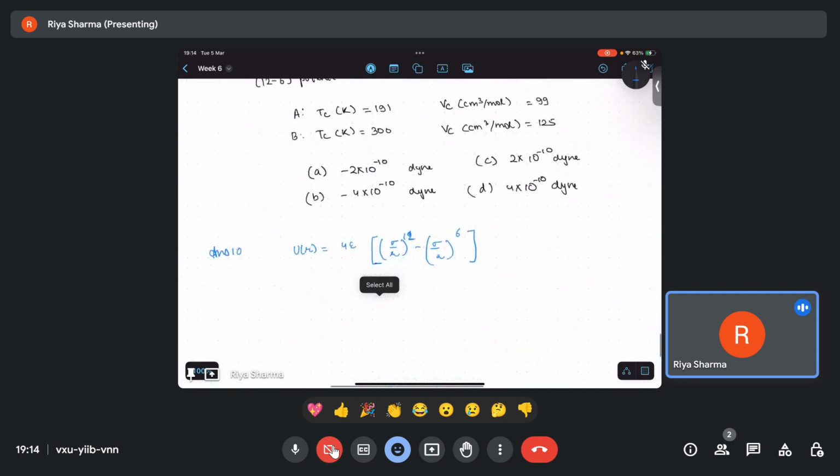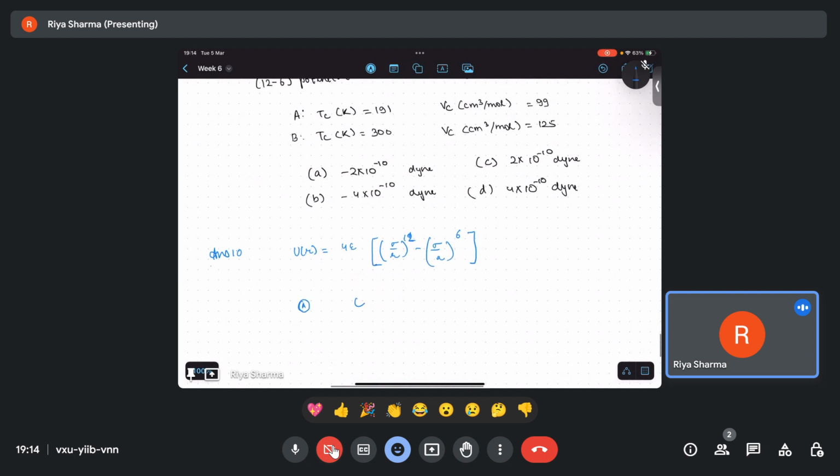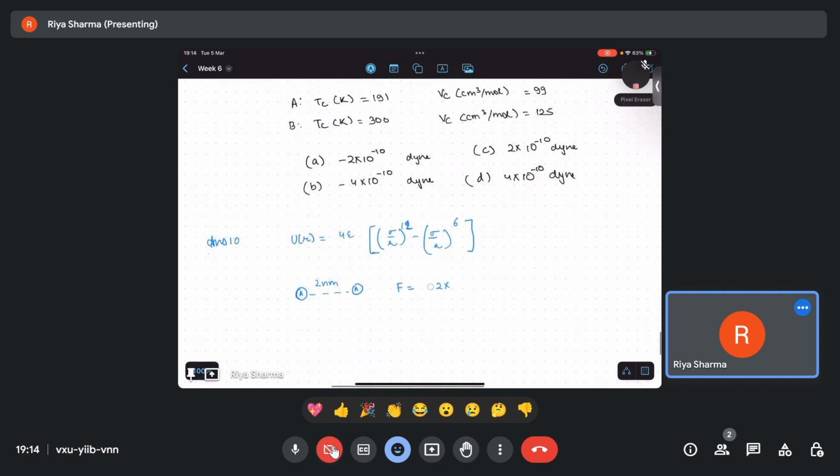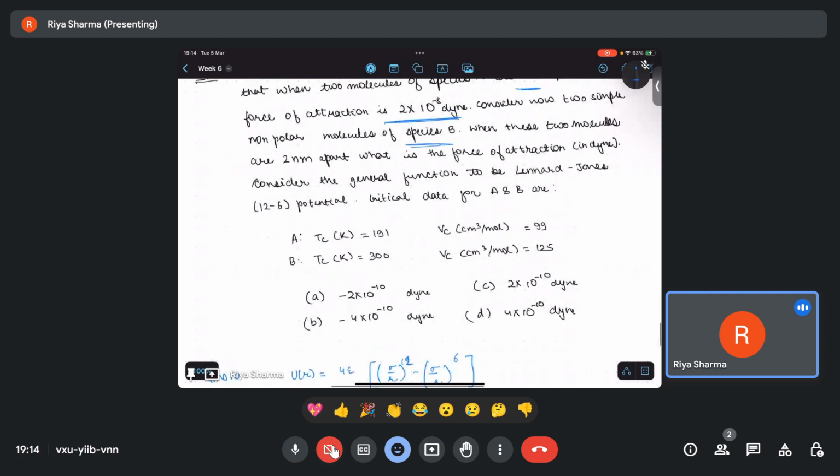They are saying when two molecules of A and A are apart, then the force is equal to minus 2 into 10 raised to power minus 8. So this is the force which has already been given.